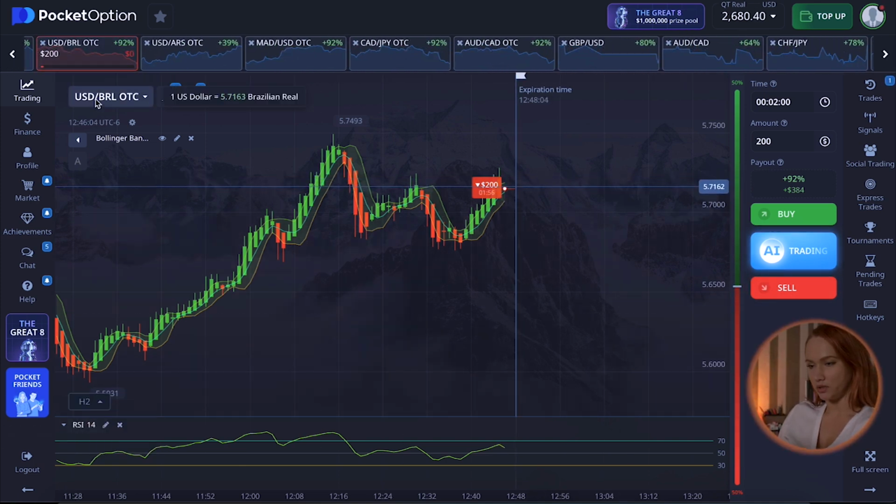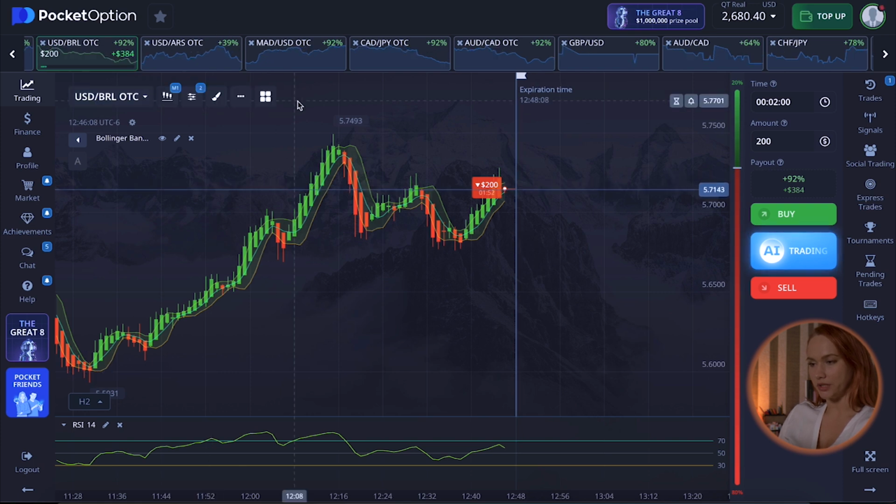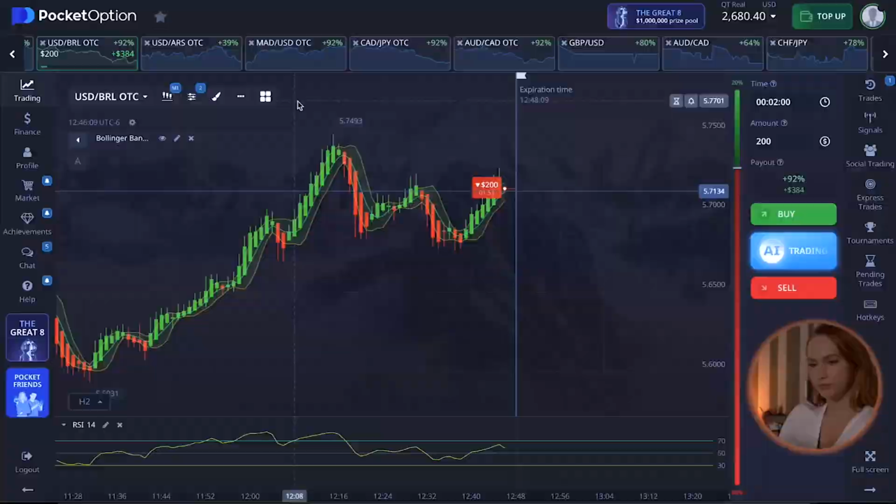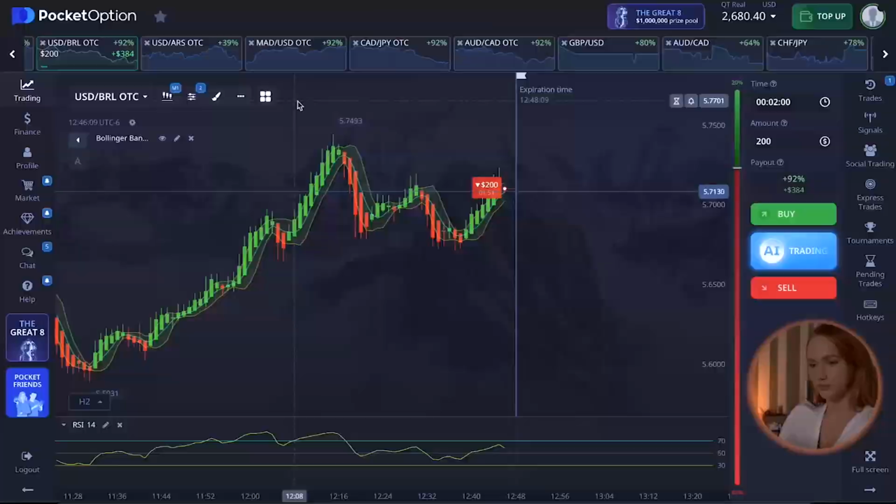Okie dokie, let's open a sell deal. US dollar Brazilian real. Great deal, people. We got a profit. Let's dial it back to $100 and find the next currency pair.